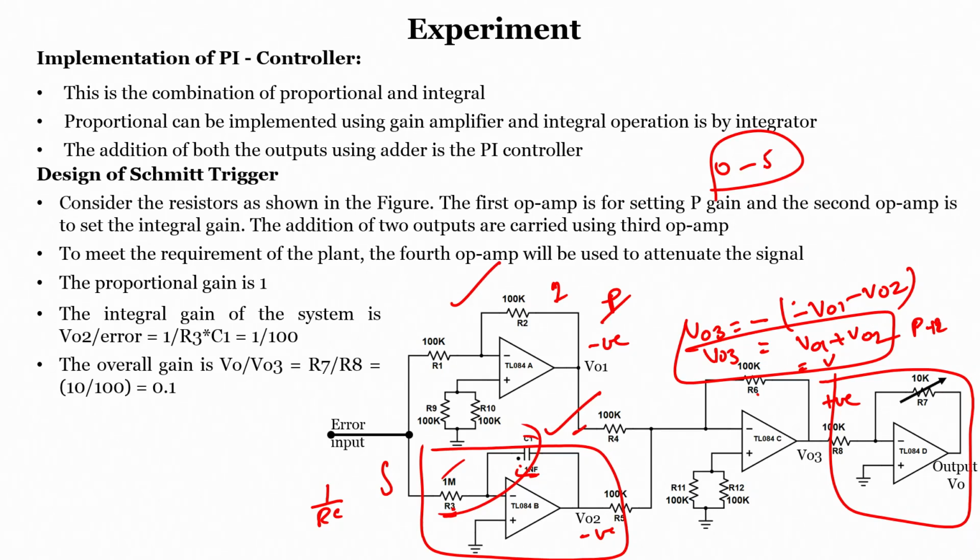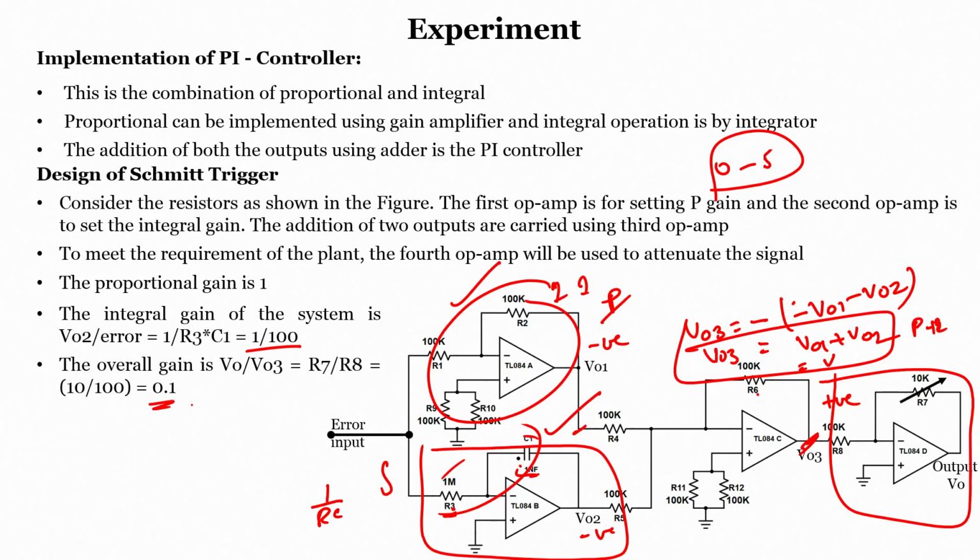So the proportional gain is 1, the integral gain is 1 by 100, and the overall gain of the system, V naught by V03, is 0.1. Compared to the voltage whatever we get, it will always be multiplied by a factor of 0.1. So even if the input voltage is somewhere around 10 volts, it will be at 1 volt, which will match the plant requirement.